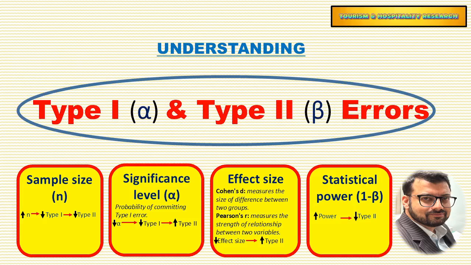The first one is sample size. You must have heard many researchers, many academicians, many mentors who guide you that if you will increase your sample size, your type 1 and type 2 error will automatically reduce.